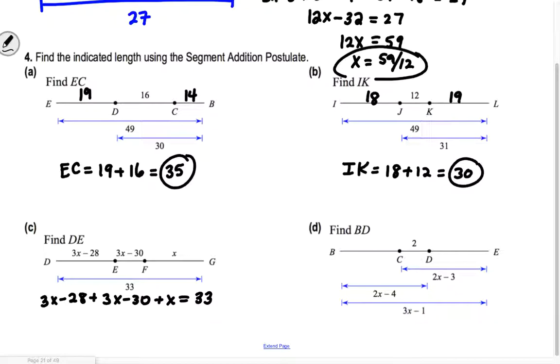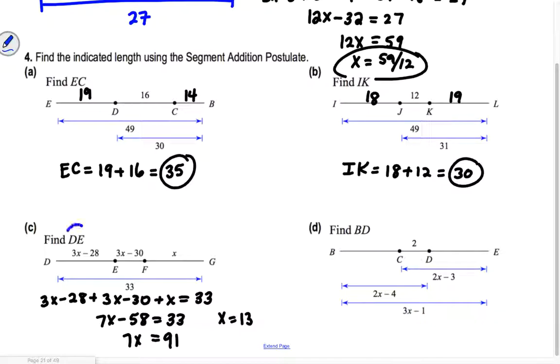So we end up getting 7x minus 58 equals 33. So 7x equals 91. Did you guys know 7 goes into 91? 91 is not prime. How many times does it go in? 13, yeah, 13 times. So x is 13. Now again, be careful because that's not what we asked for.